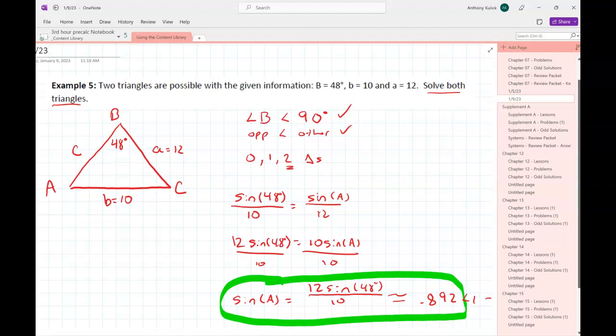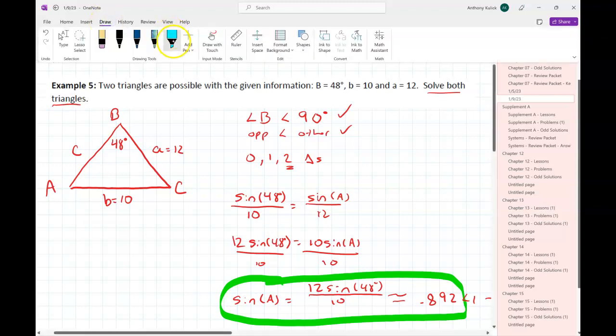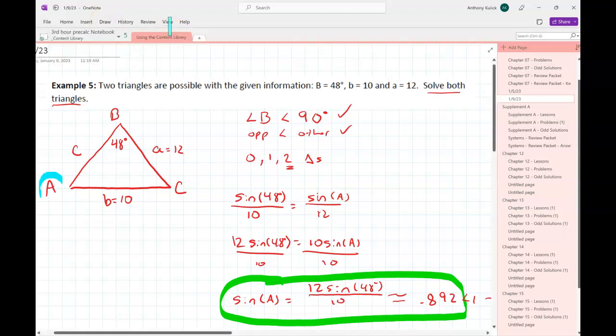So I drew myself a picture, and I labeled it. Now, when I'm labeling a picture, we have to be really careful how we're doing our labeling. You can't just label things all willy-nilly. When we label a triangle, we use capital letters for the vertices of our triangle. It doesn't really matter which capital letter you put where, but if I've labeled this vertex as A, the side opposite that has to be labeled with an A also.